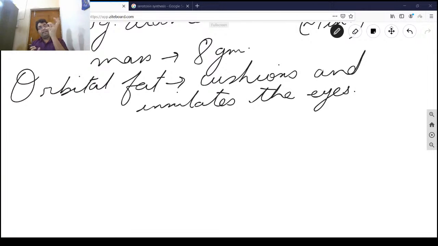Same way, the entire eyeball is divided into three regions. The outermost region is known as the outer fibrous layer.